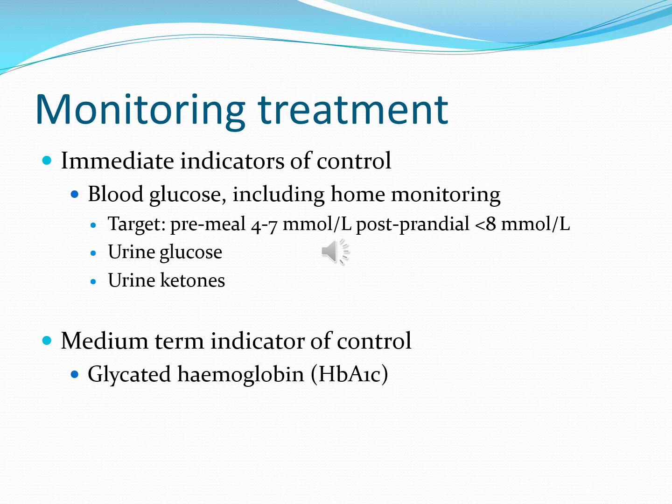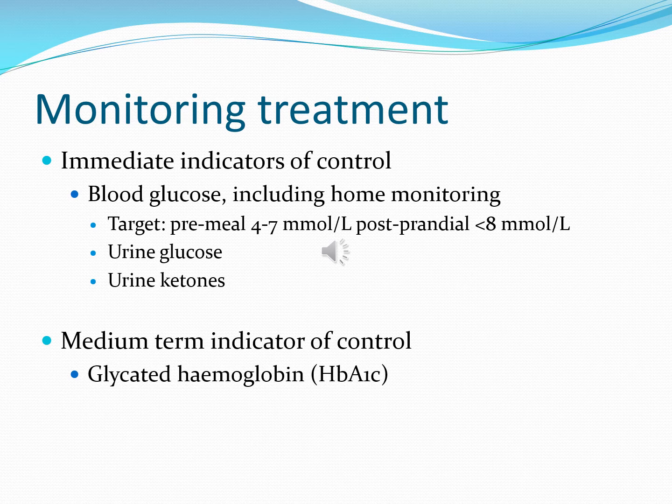So we can do a couple of things to monitor treatment. Firstly, we can look at blood glucose, so that includes measuring glucose in the lab, but also doing home glucose monitoring. And the target will be dependent on many factors, like we said before, age, etc. But broadly speaking, pre-meal or fasting 4 to 7, and postprandial or non-fasting after a meal less than 8.